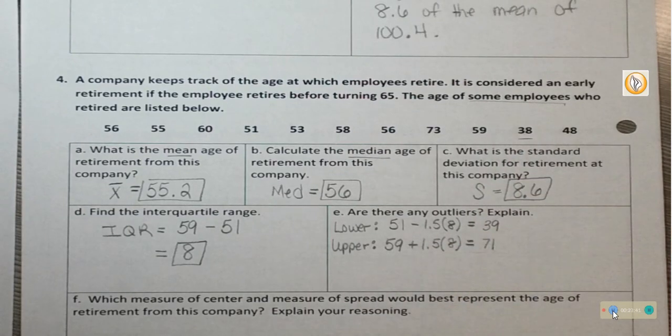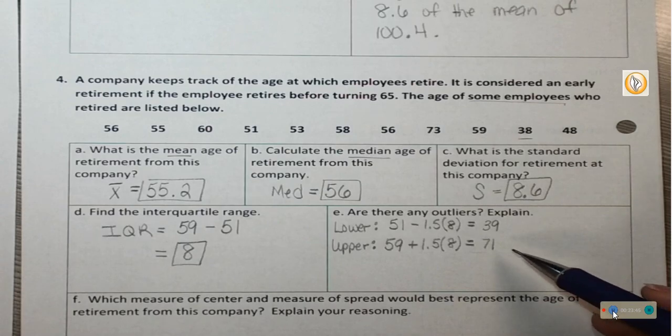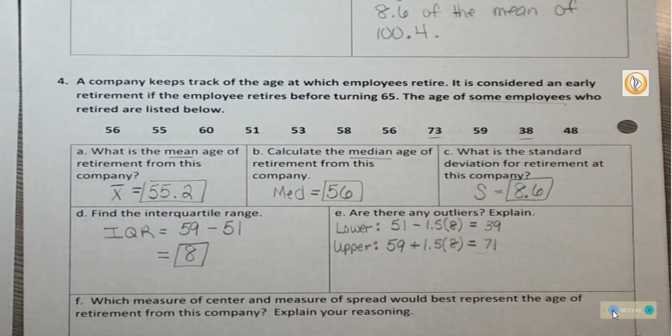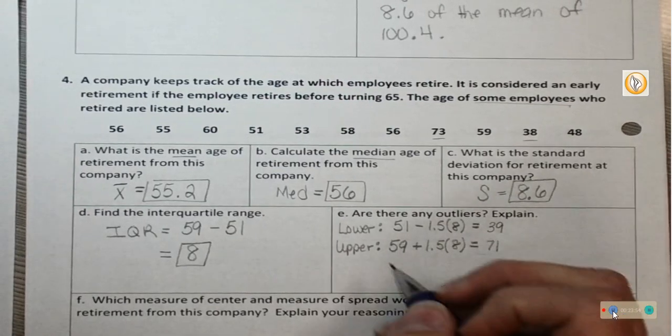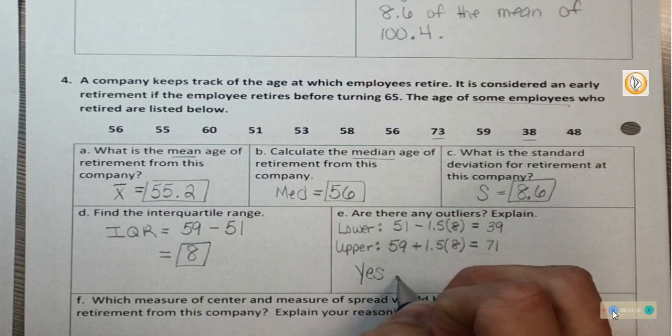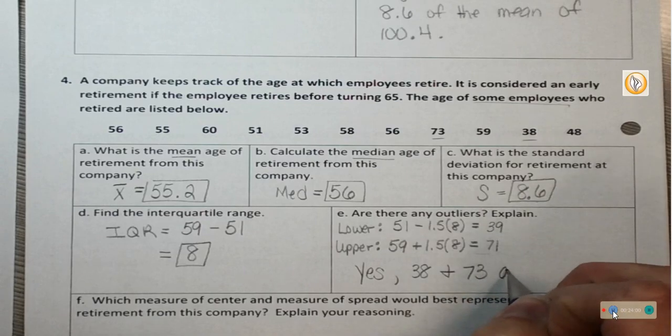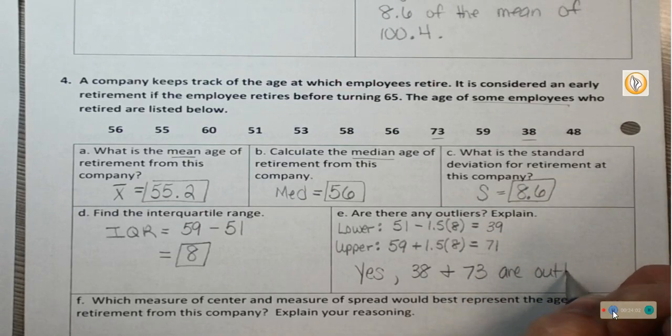That's lower than the lowest boundary. Do you have any employee that retired when they were older than 71? Yep, 73. So you actually have two outliers. You have a lower outlier and an upper outlier. So, yes, I have outliers, and 38 and 73 are outliers.